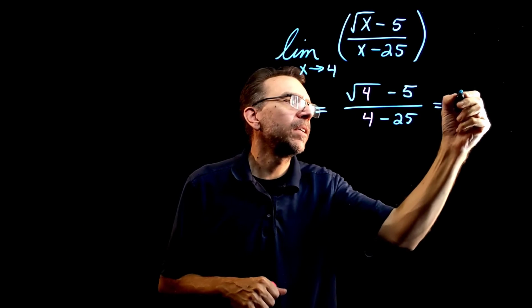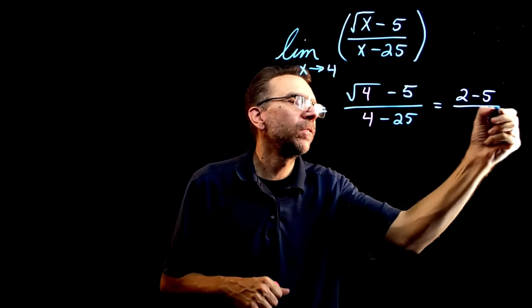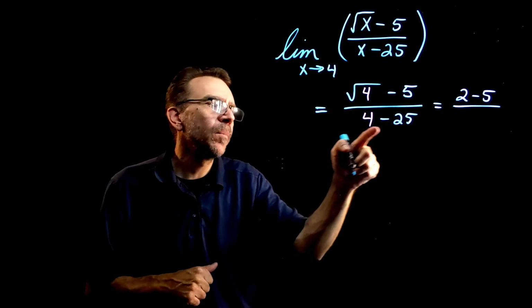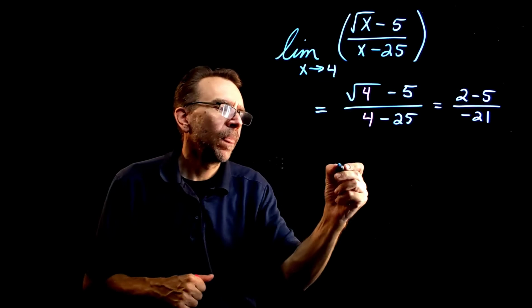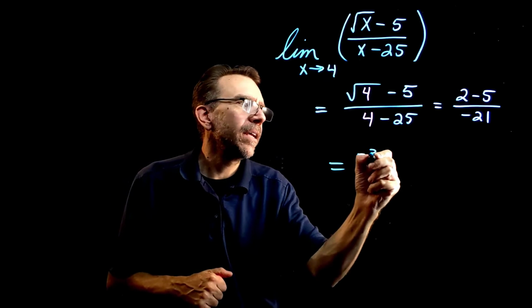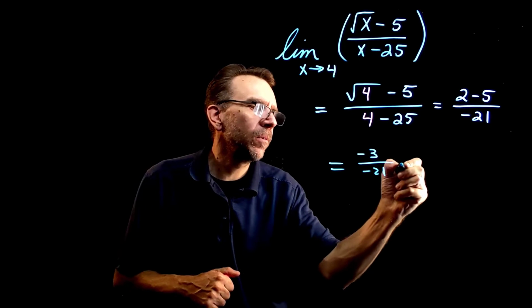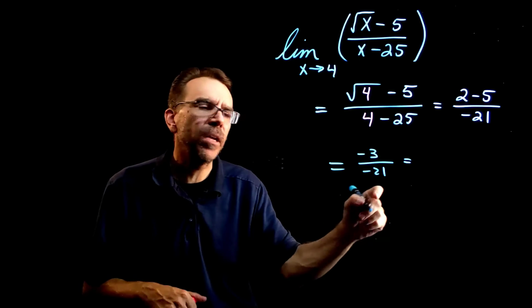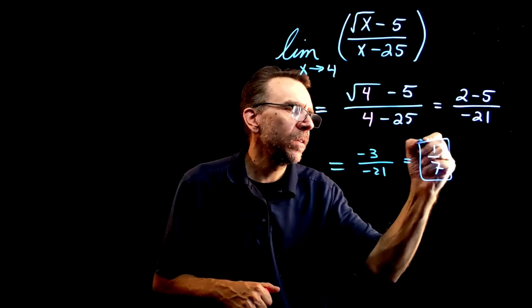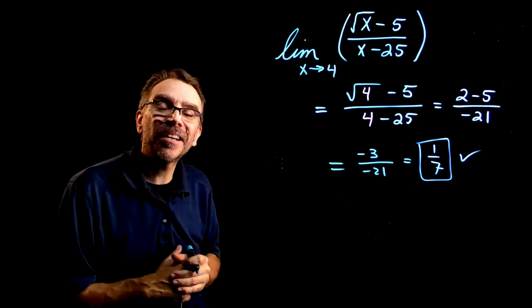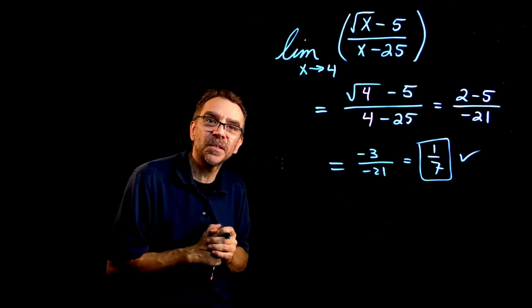So we get, what, 2 minus 5 over 4 minus 25 is negative 21. Okay, or negative 3 over negative 21, which is, I'm going to cancel a 3, or negative 3, and I'll have 1/7. So you can see here we got the limit just simply by doing direct substitution.